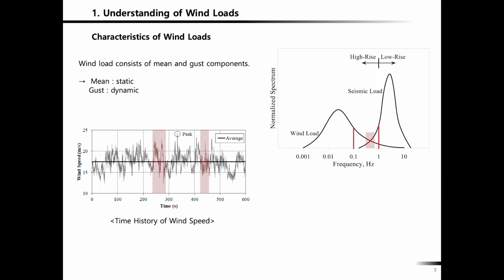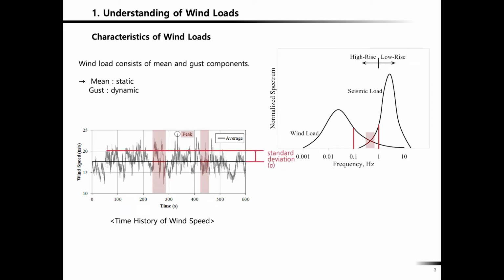Okay, the bottom graph is the power spectral density distribution. Power spectral density means the area underneath that graph is the same as the standard deviation squared. So you have a peak wind speed over there, but also you have a standard deviation.